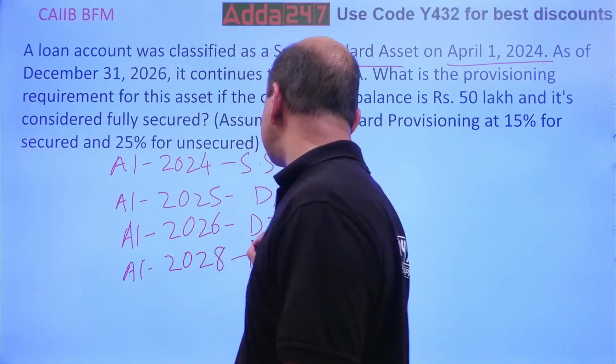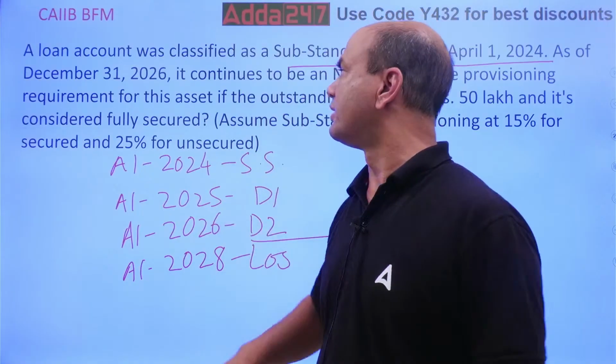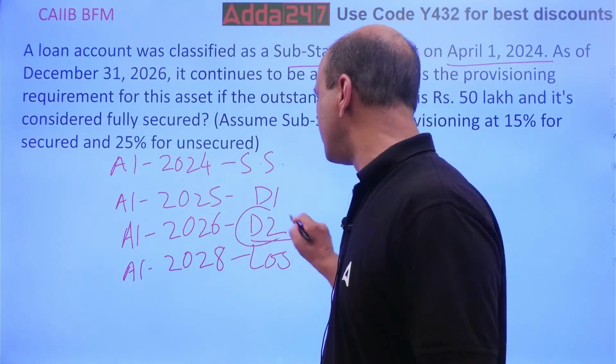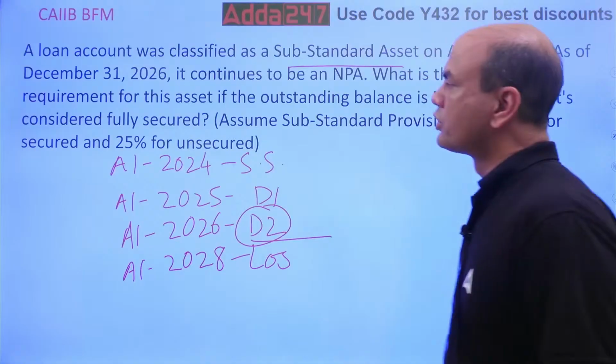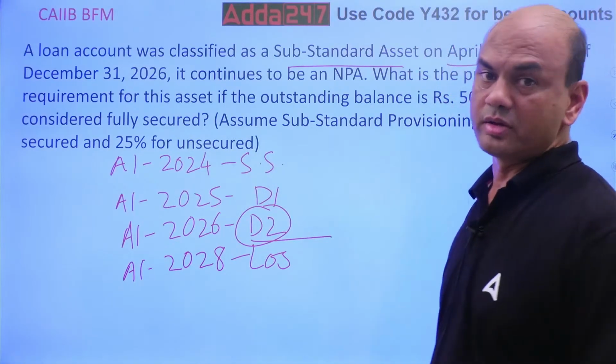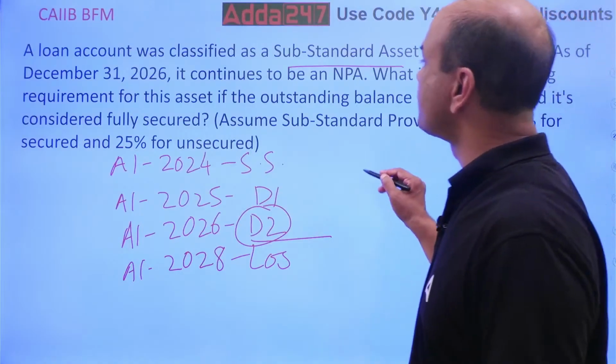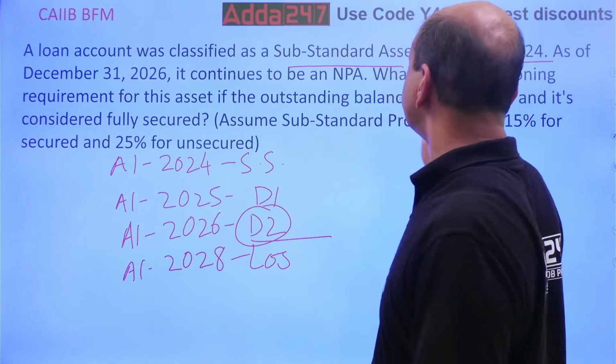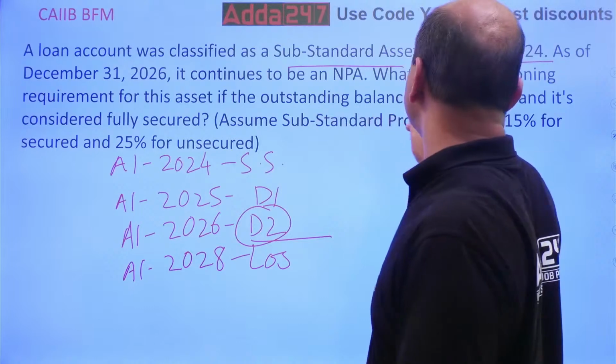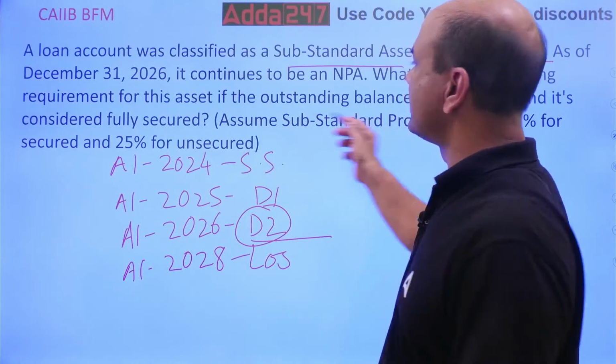Right now we are in December, so we are under the D2 category. So for the D2 category, what are the provisions? See what is given: it is fully secured. What is the provision if the balance is 50 lakhs and it is considered fully secured?